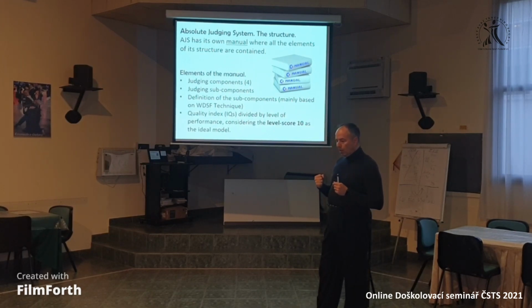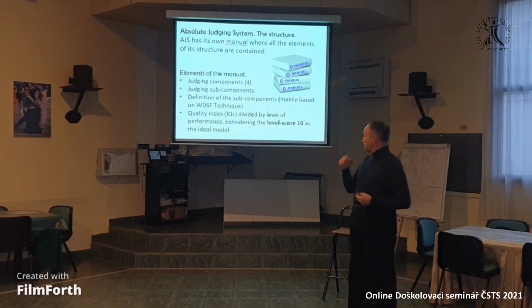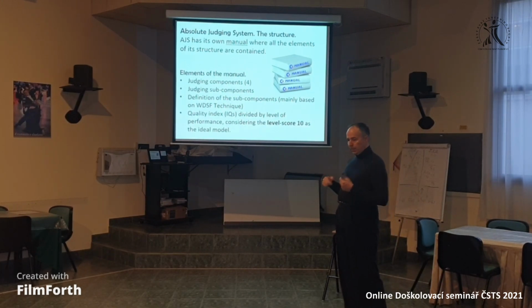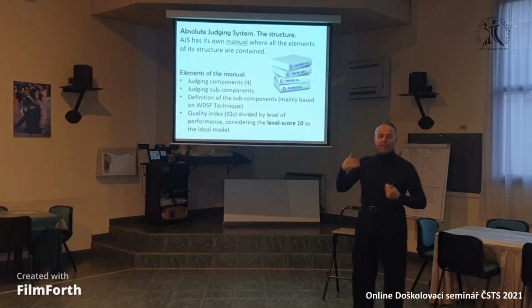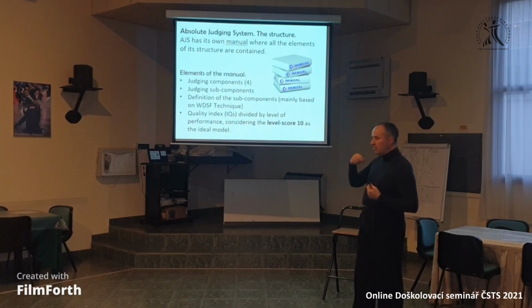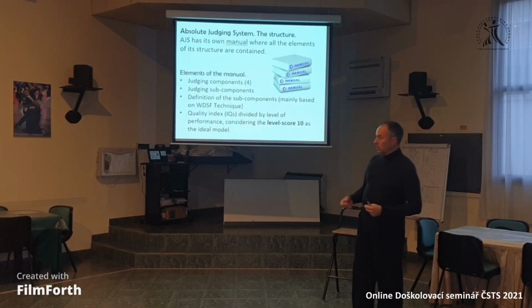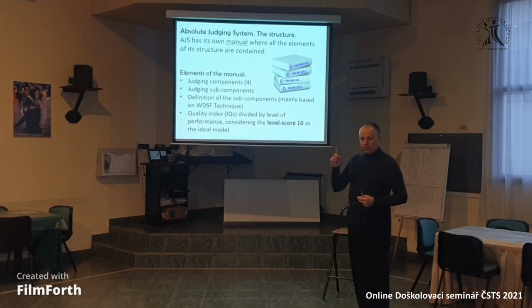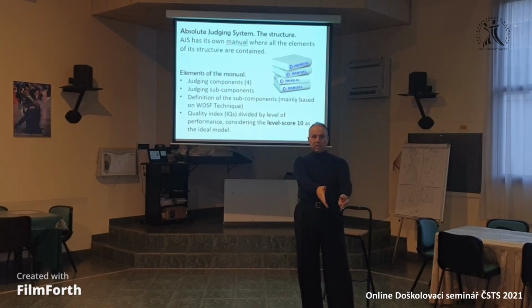The last important point is the quality indexes, which they call IQs. The IQs are the division, the level of performance. So it is the element to identify the level of performance where the score is 10, like that famous ideal model just described.